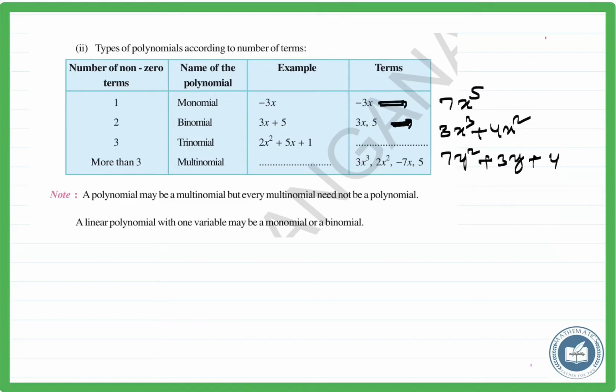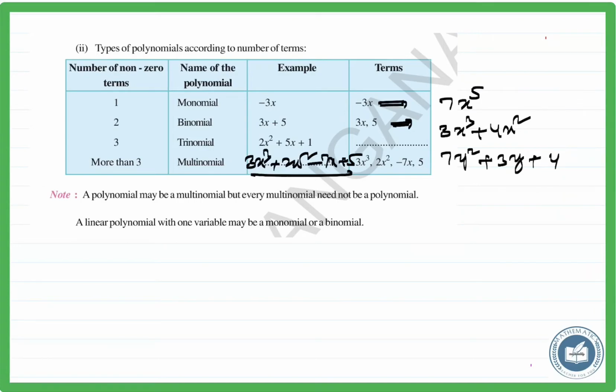Then multinomials have more than three terms. Here I can write 3x cube plus 2x square minus 7x plus 5. More than three terms are there, so that is a multinomial.